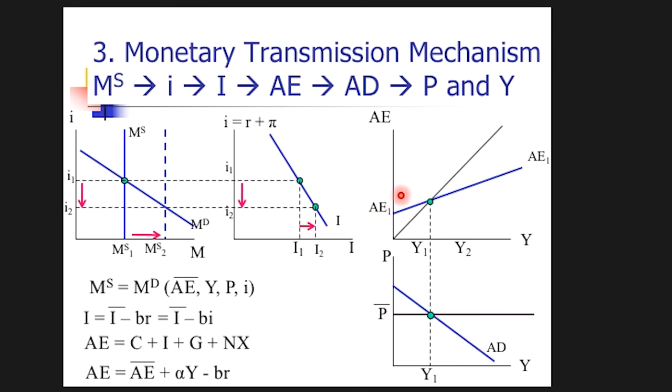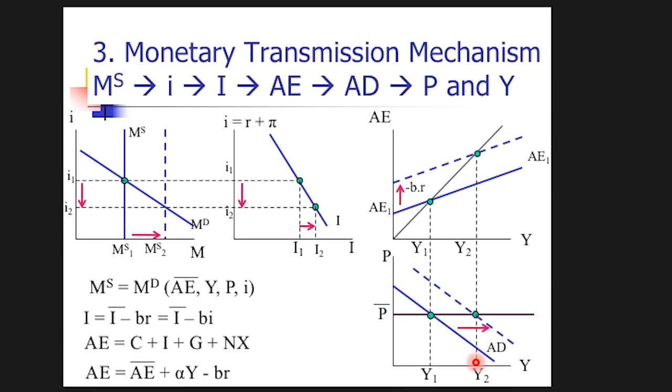It will lead to the increase in expenditure, and finally, the increase in aggregate demand. So now we can say that the result for the monetary policy is the increase in aggregate demand. And if the price is constant, GDP will increase very much from Y1 to Y2.